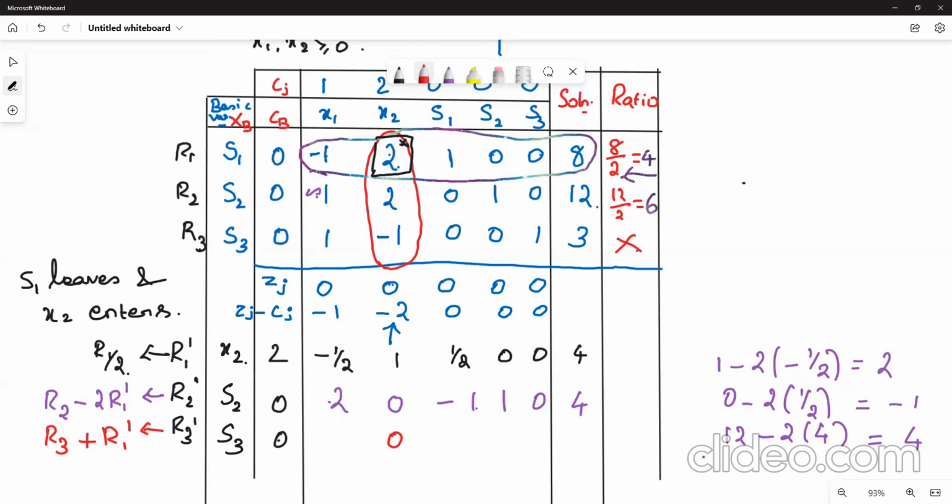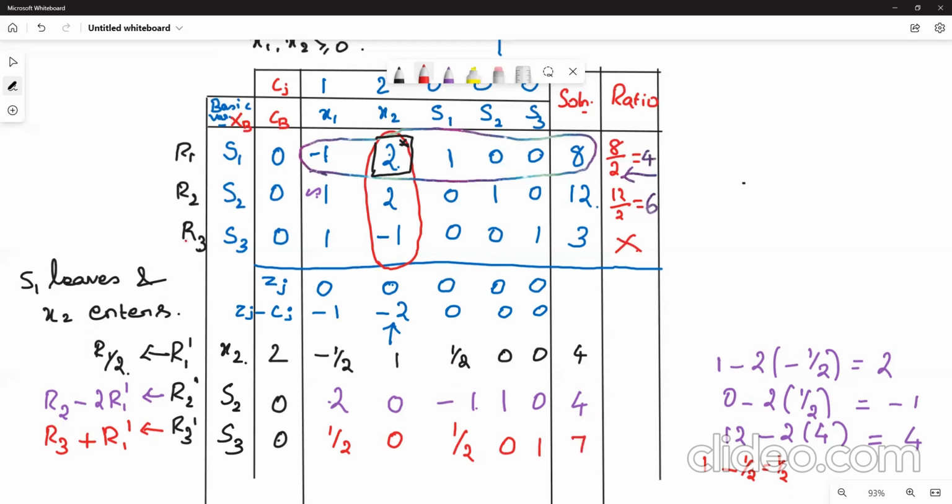So the row 3 first entry is 1, and row 1 dash's first entry is minus 1 by 2. So 1 minus 1 by 2, which I will get as 1 by 2. Then the second entry 0, and the third entry 0, here I have 1 by 2. So 0 plus 1 by 2 is 1 by 2. 0 plus 0 is 0. 1 plus 0 is 1. 3 plus 4 is 7.